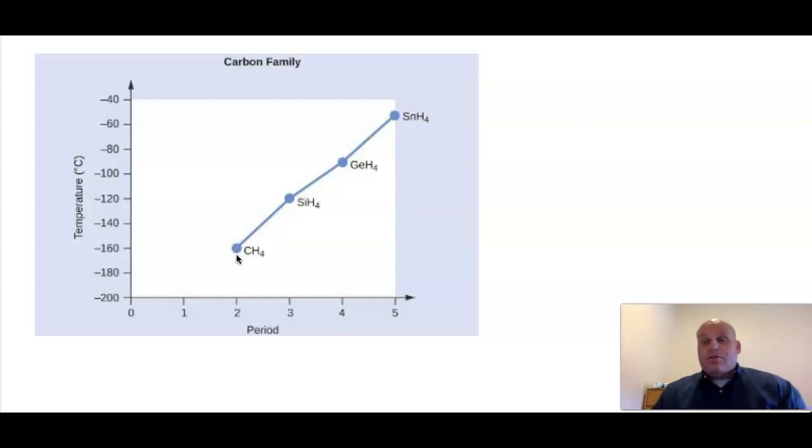London dispersion forces are weak to begin with, and then these are weak in comparison. But as my atoms get bigger, my molecules get larger, and I have more electrons in the mix, you can see I still do get an increasing boiling point temperature, because it's going to be harder to break those London dispersion forces.